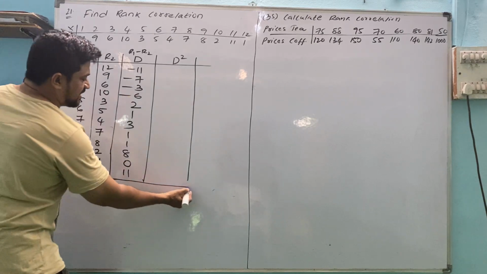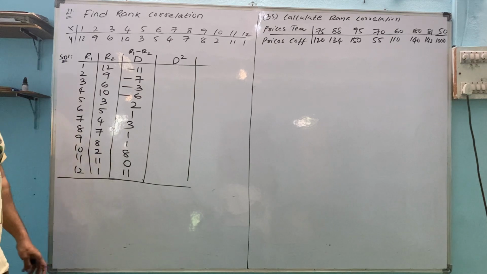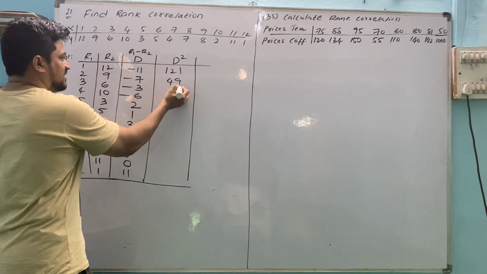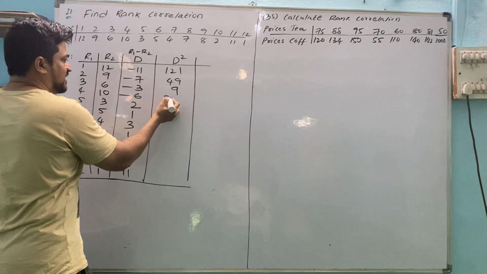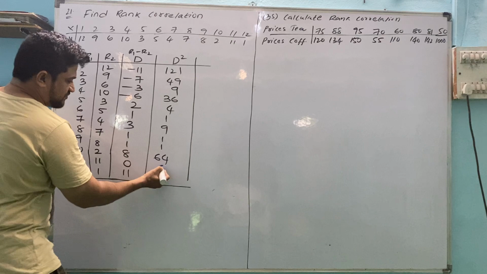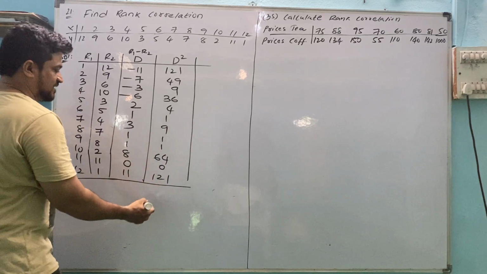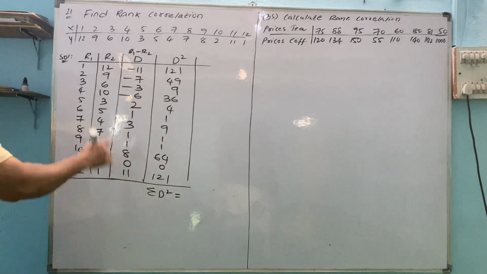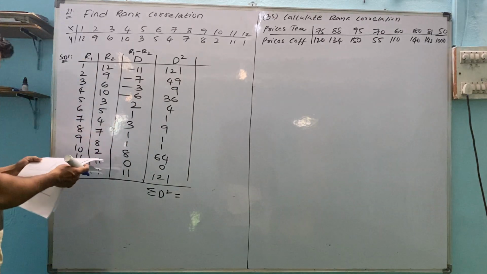D means difference of ranks, subtract both the ranks. D square: 121, 49. When squaring, you will not get any minus sign. Then 4, 9, 1, 1, 64, 0, 121. You should find summation D square. If you add all the values, you get 416.